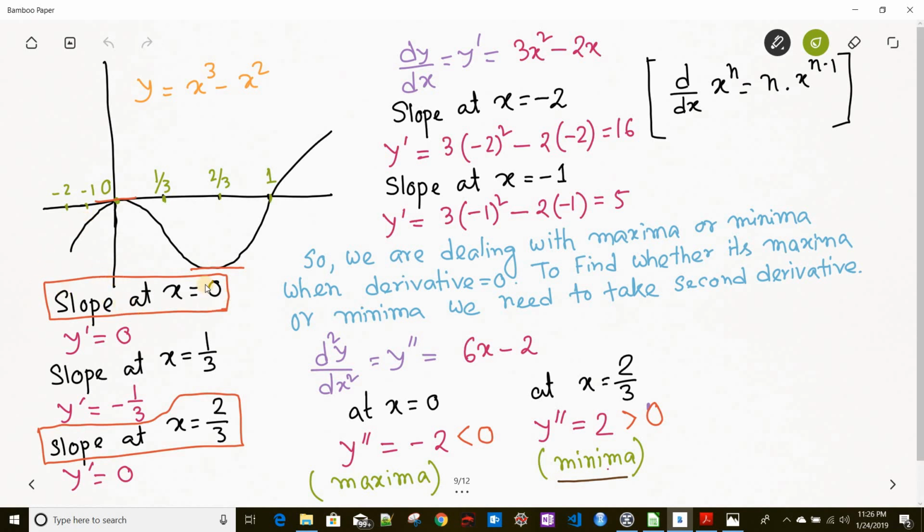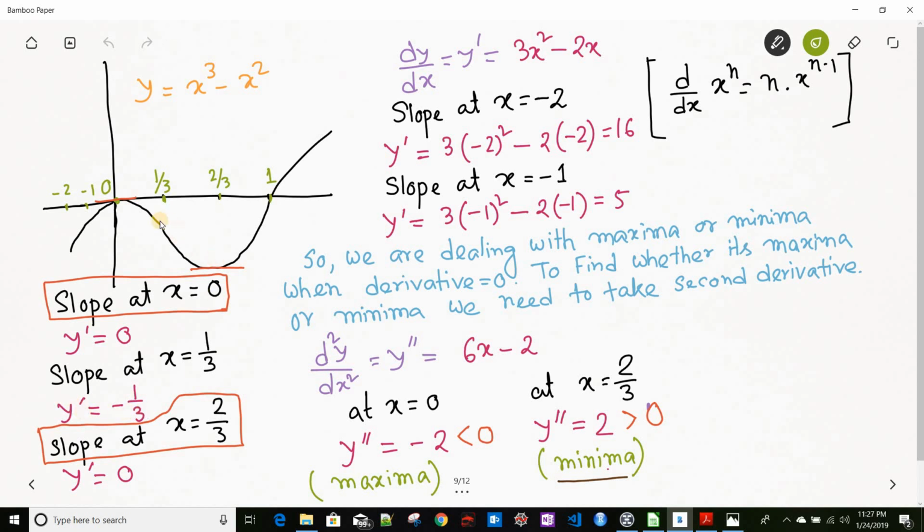So let's take the slope at x equals 0. If I put x equals 0 over here, the slope becomes 0. So the slope is gradually decreasing, and it becomes 0 over here. Let's move on and take the slope at x equals 1/3. If I put x equals 1/3 here, I get the derivative as minus 1/3.